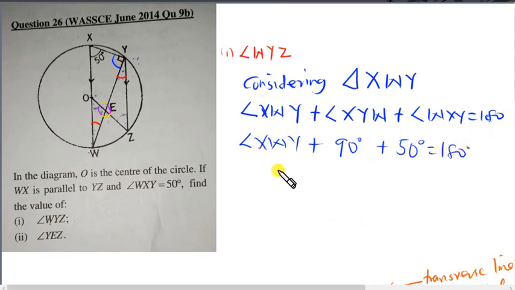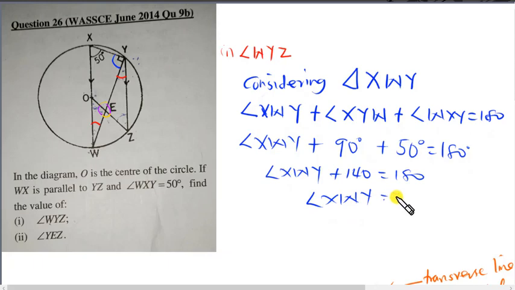All right, so let's simplify this. We find XWY, 90 plus 50, that gives us 140, and then we subtract 140 from each side of the equation, or the equal sign. Then we get 180 minus 140. So angle XWY will be equal to 40 degrees.